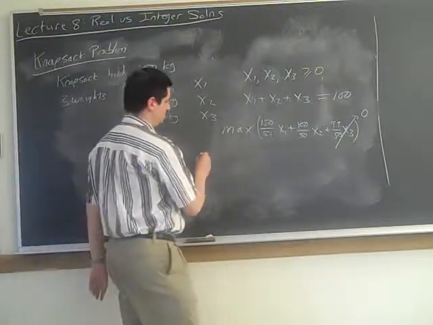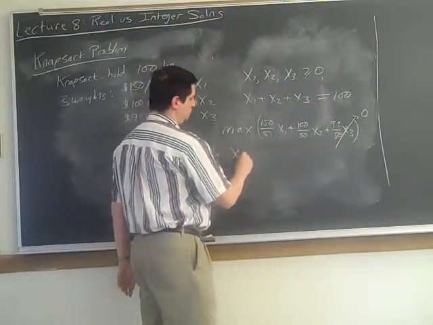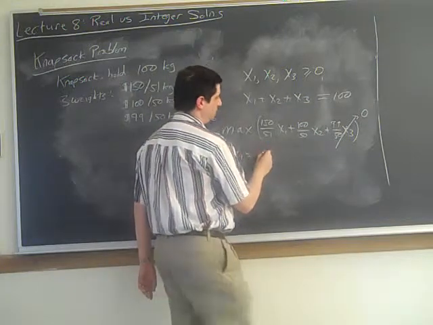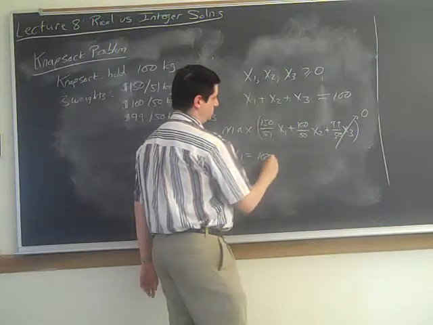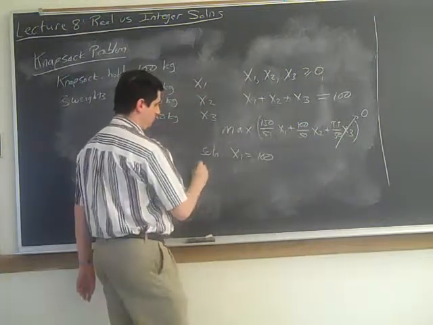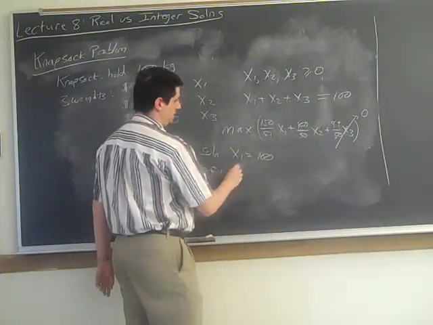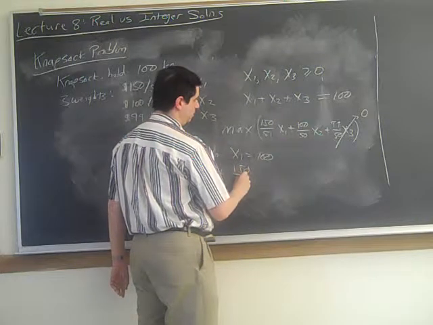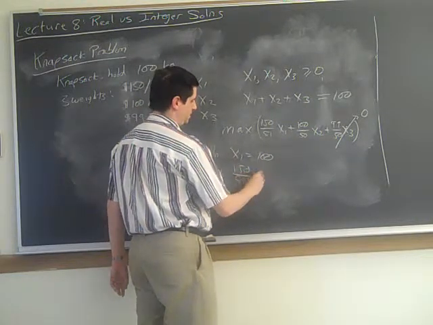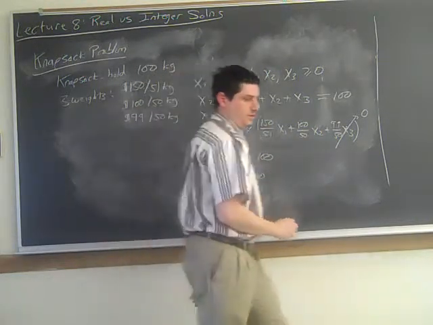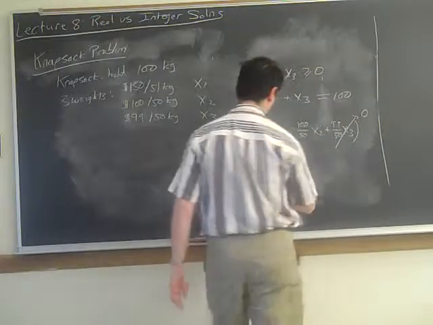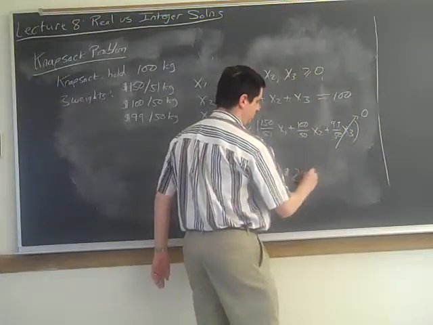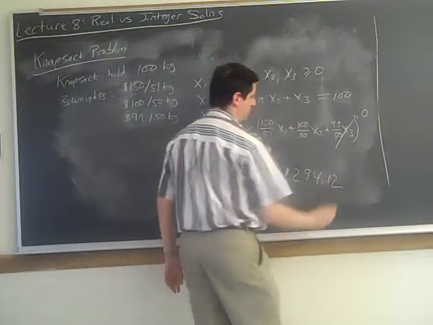So the solution is X1 is equal to 100. So the profit is 150 over 51 times 100. And so I think I calculated what this was, $294.12 approximately.